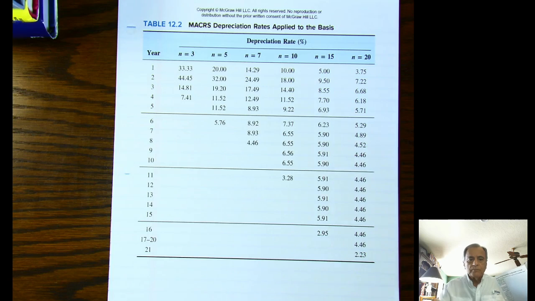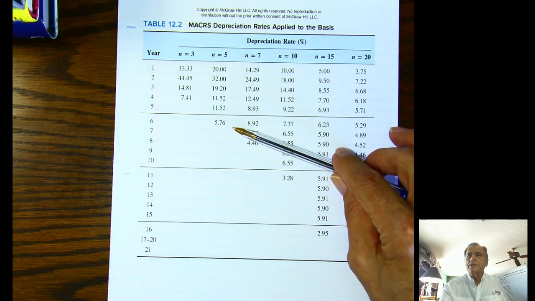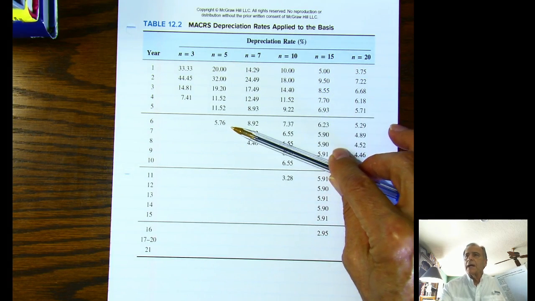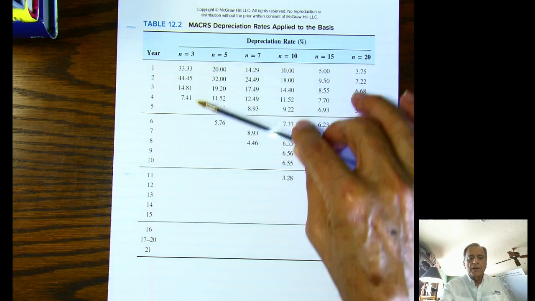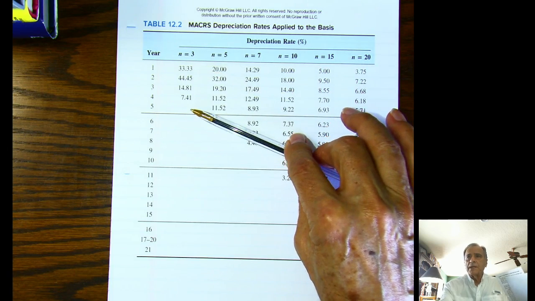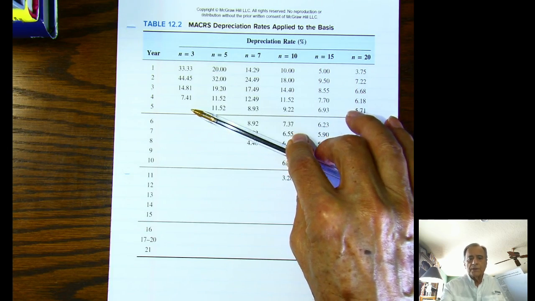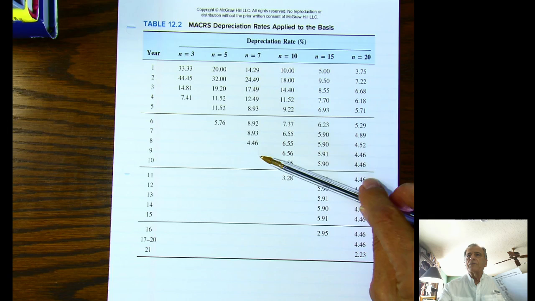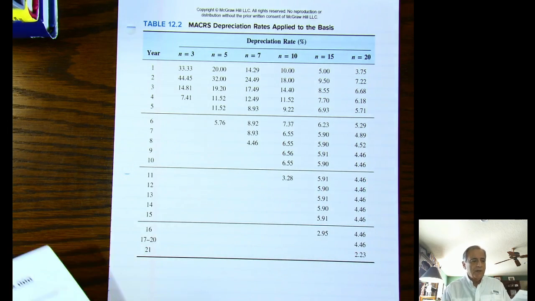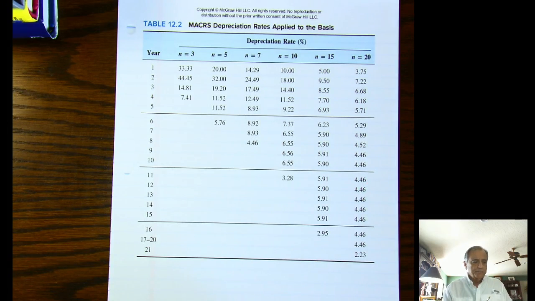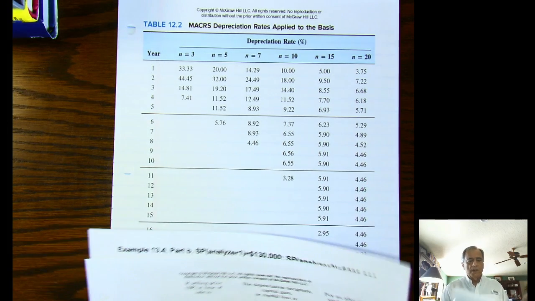So 5-year property is totally depreciated after 6 years. The book value has gone to zero then. 3-year property is totally depreciated after 4 years, and 7-year property after 8 years, and so on for 10, 15, and 20-year property.